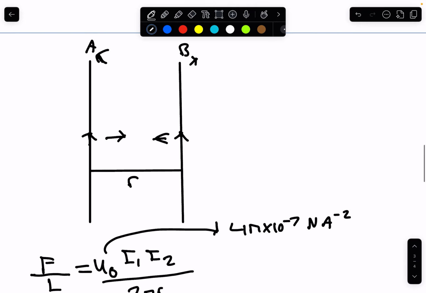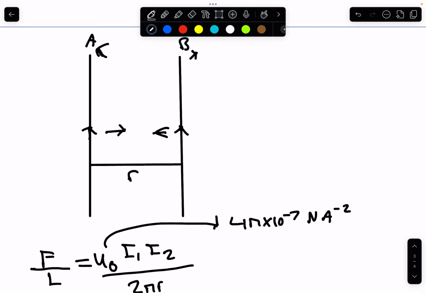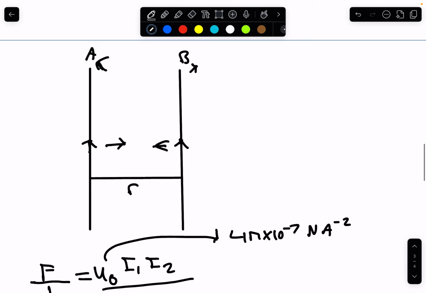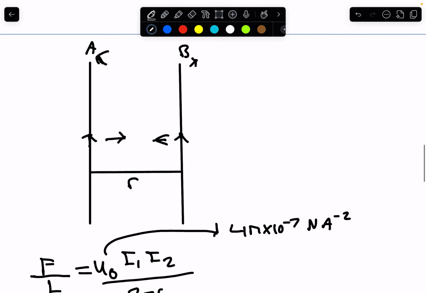This is a common exam question, and they're testing your understanding of magnetic fields and forces in general, and the application of Newton's law here.